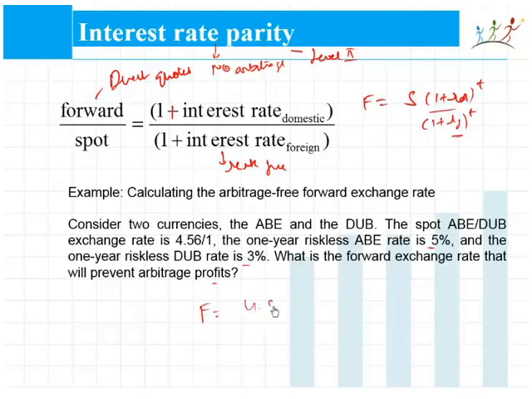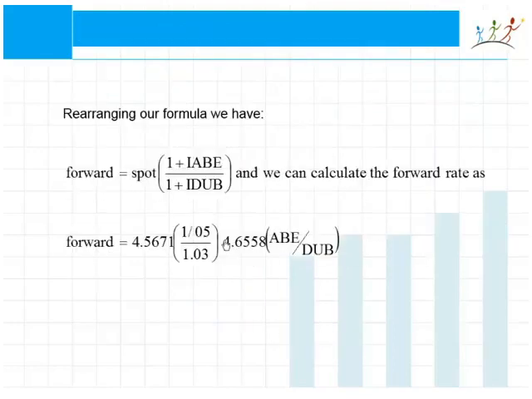The forward rate will be the spot rate into 1 plus the domestic currency, the numerator, that is ABE, 0.05, upon 1 plus the denominator currency, that is DUB, where the rate is given to be 3%. So this will come out to be 4.6558 ABE to DUB. Don't worry about the proof, and the details won't be asked at level 1.